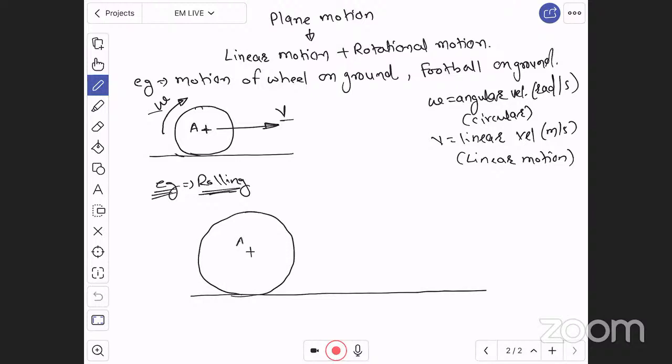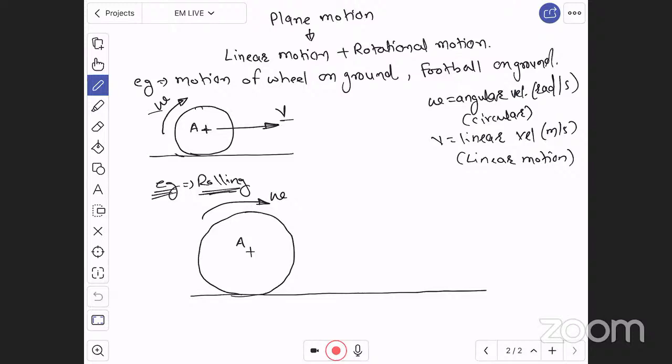Here the center is at A. The center of the wheel is at A, and the wheel is rotating in clockwise direction with angular velocity omega. Because of this angular velocity omega, the wheel will move in forward direction.